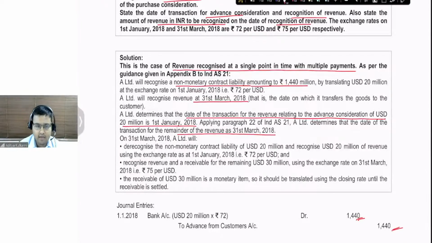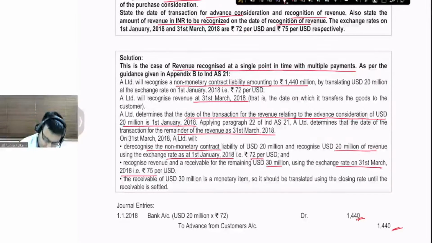On 31st March 18, de-recognize the non-monetary contract liability because now you fulfilled the obligation. Recognize $20 million revenue using the exchange rate of 1st Jan, that is 72 per USD, and for 30 million using the exchange rate on 31st March 18, that is 75.